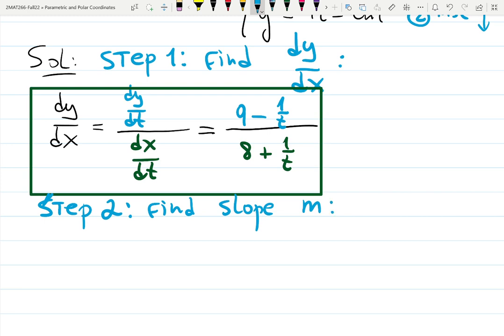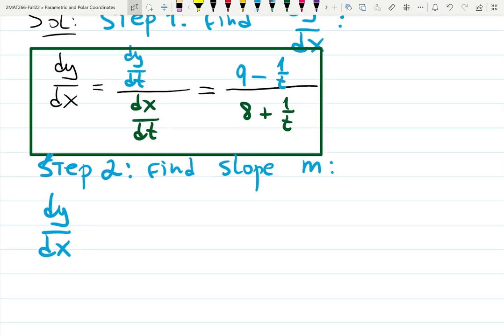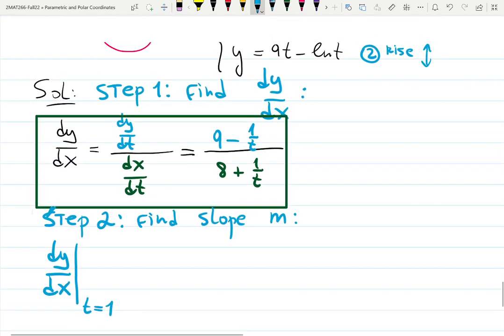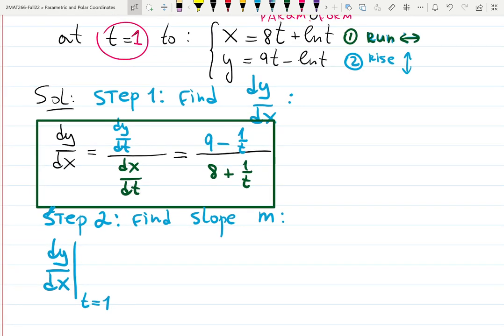Slope m is dy over dx at the point. New notation. You don't have to memorize it now, but in calculus 3, it will be everywhere. A bar t equals 1. That means derivative at 1. The derivative depends on t, and we're going to plug 1 into that derivative.